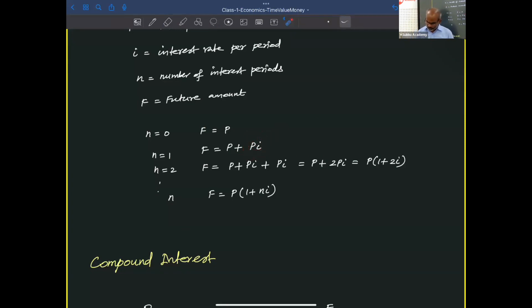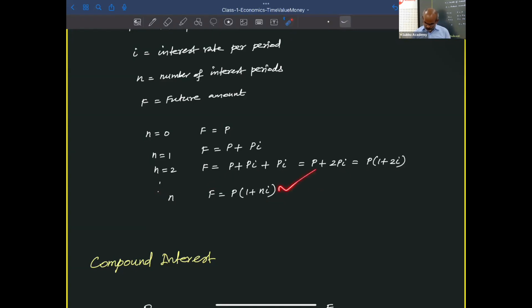So P plus PI will be equal to P into 1 plus I. And again, the principal remains the same. Already in the first year you have added this amount. Now in the second year you are adding another PI amount. So your future value at the end of 2 years will be P plus 2 times PI. So at the end of N years, F is equal to P into 1 plus IN.